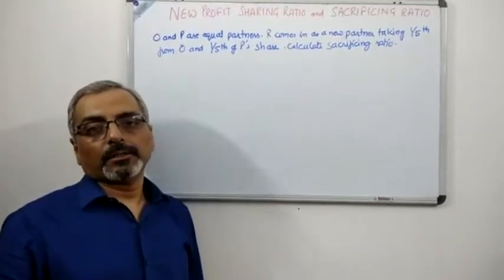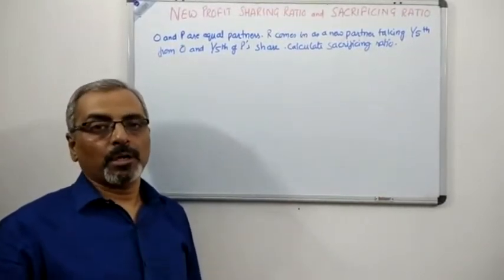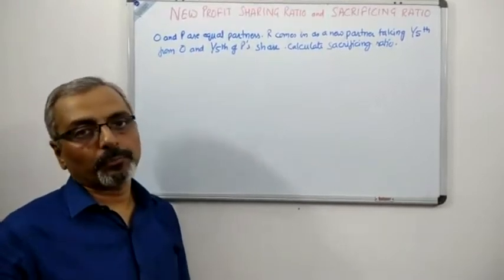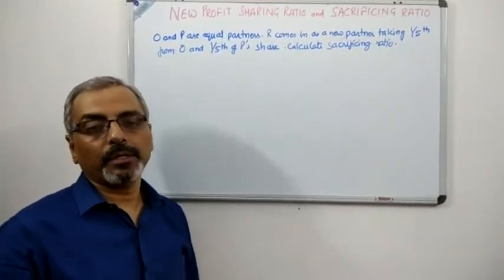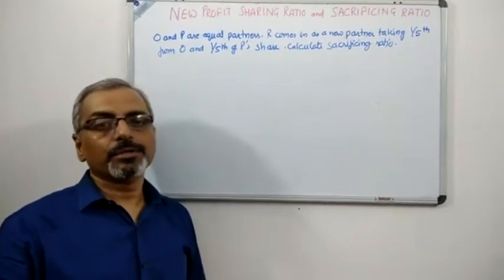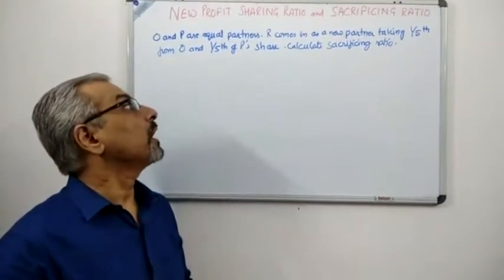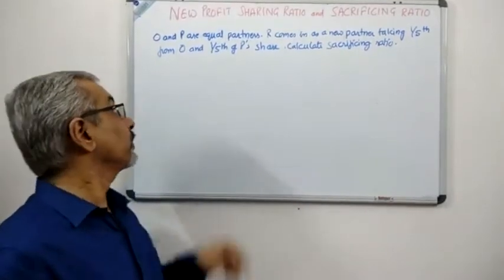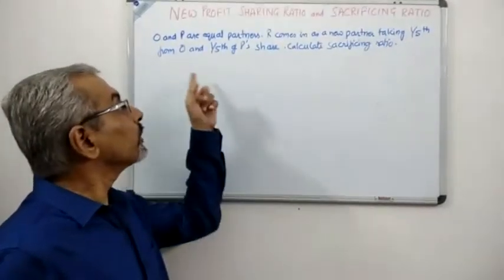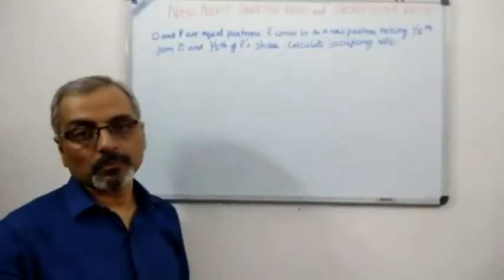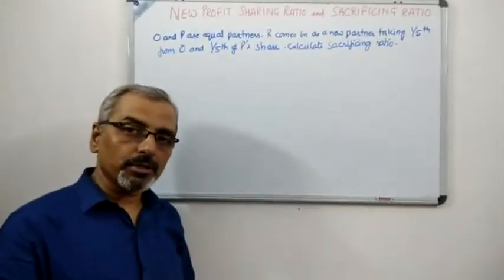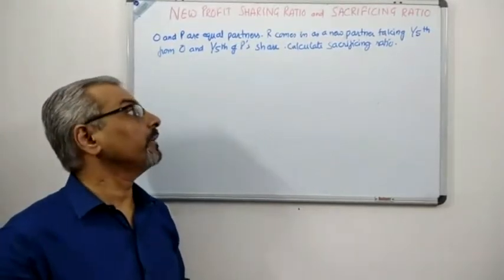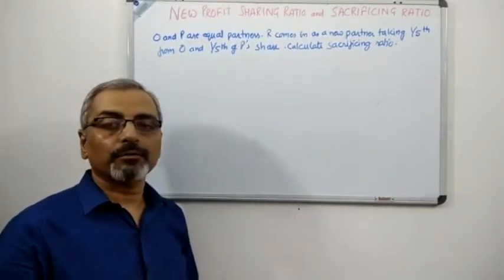Let us take another sum in which there are two partners, O and P, who are equal partners. What does that mean? That means their ratio is 1:1. Now R comes in as a new partner and R has taken 1/5 from O and 1/5 of P's share. So here there is a combination of from and of for both the partners, and then we are asked to calculate the sacrificing ratio.